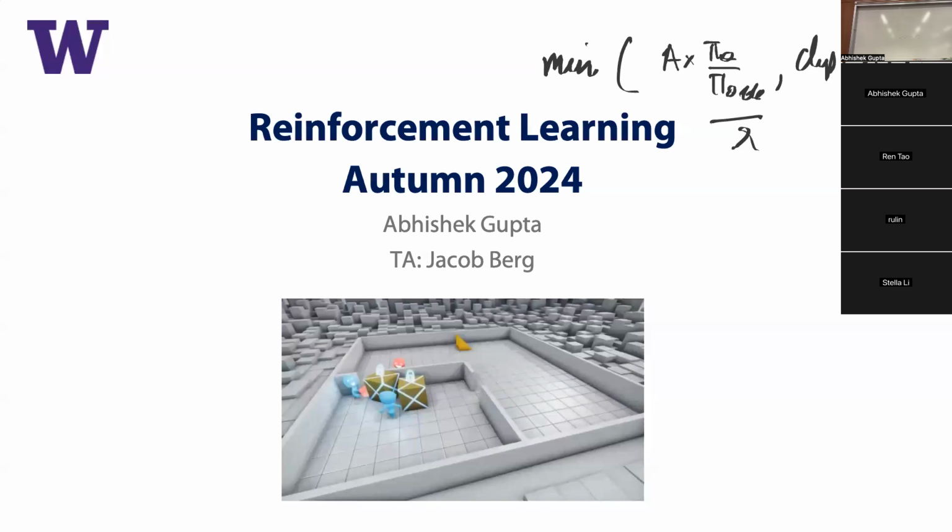If the ratio is always being clipped between 1 minus epsilon and 1 plus epsilon, isn't this useless? The answer to that is because your advantage can be positive or negative, right? And if it's positive or negative, you can't say which direction it's going to be flipped because the sign will change.